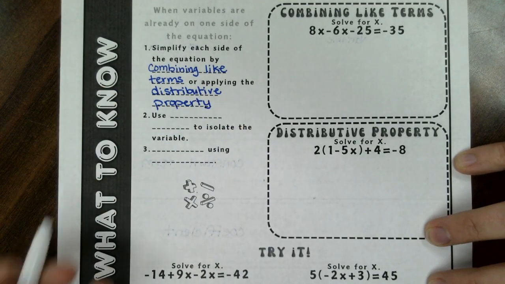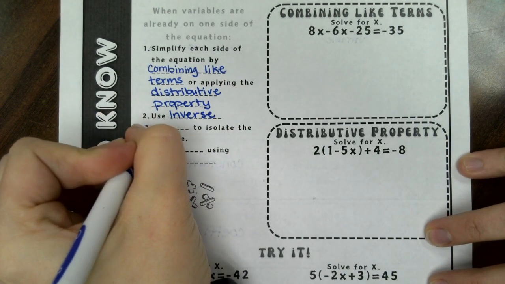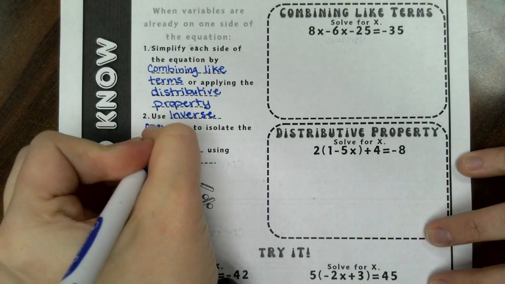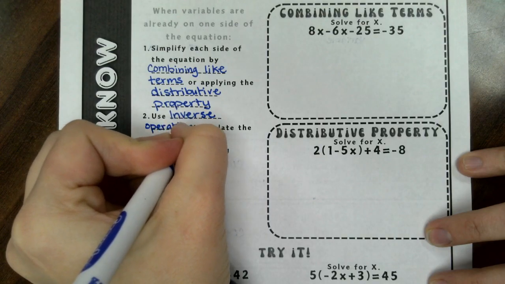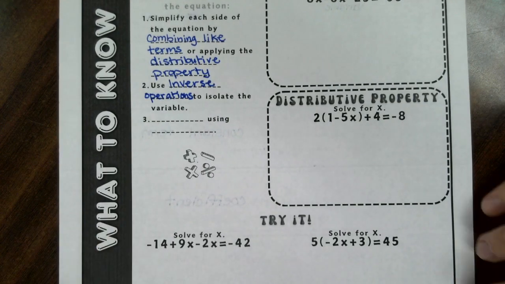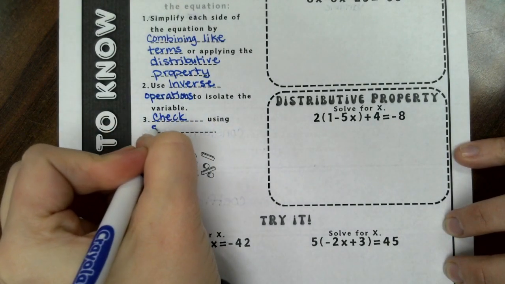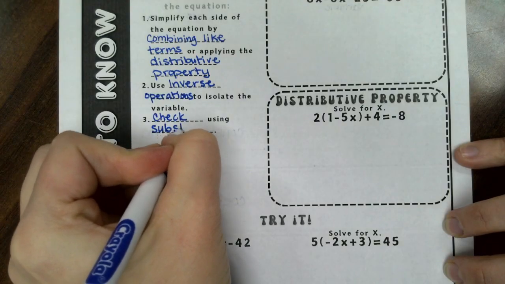The second step is that you're going to use inverse operations to isolate the variable. Remember, those are operations that undo each other. And then we are going to check our work using substitution.